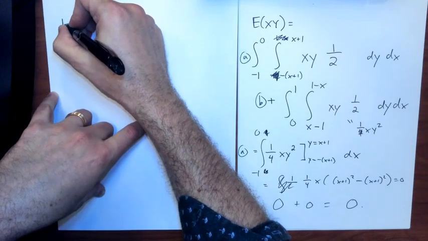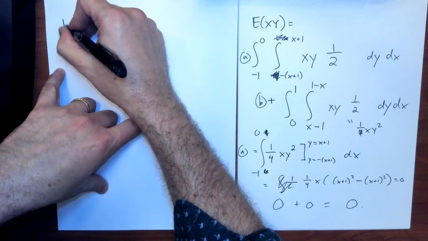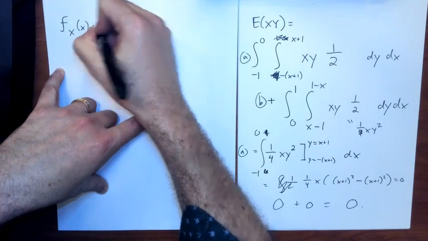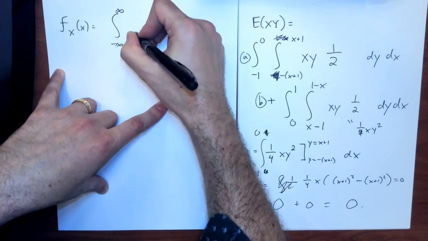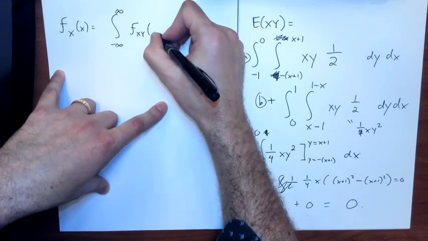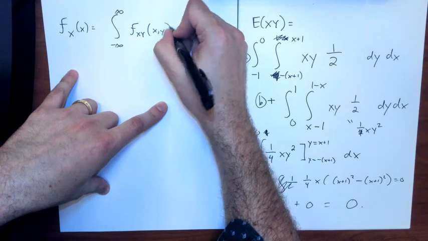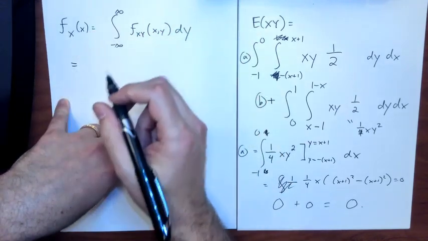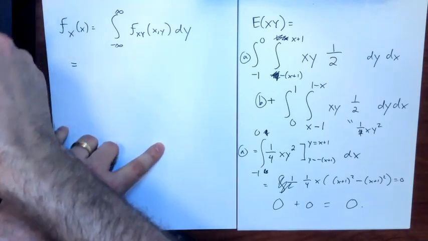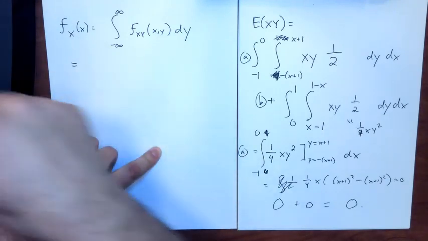So what is the marginal of x? It's going to be the integral from minus infinity to infinity of the joint, where I don't care about y. So what are we going to have?